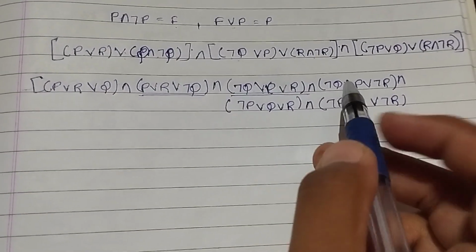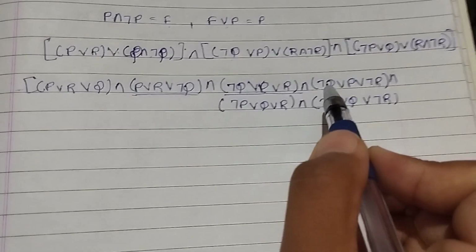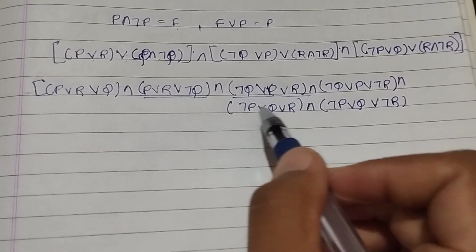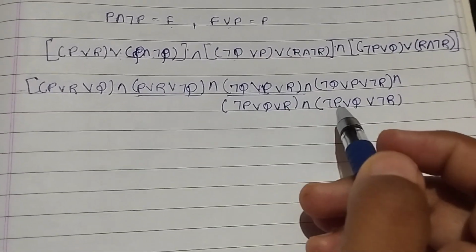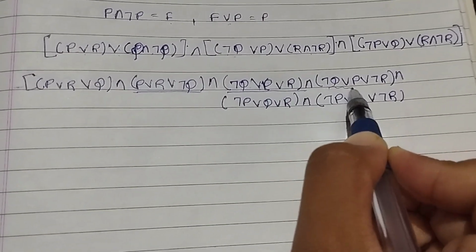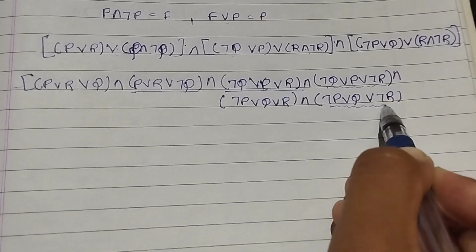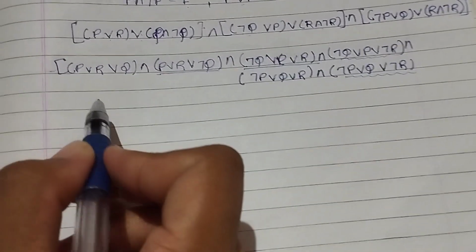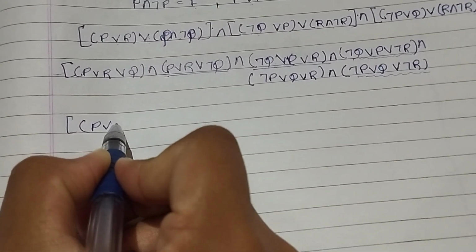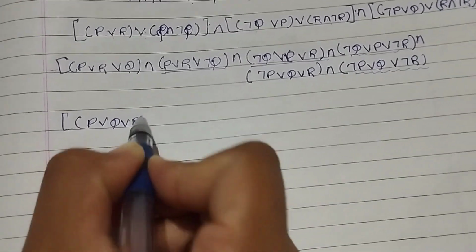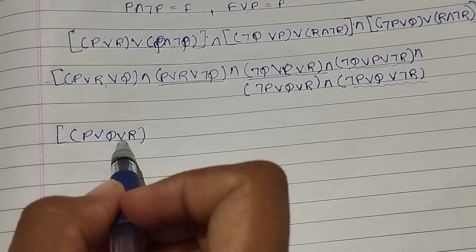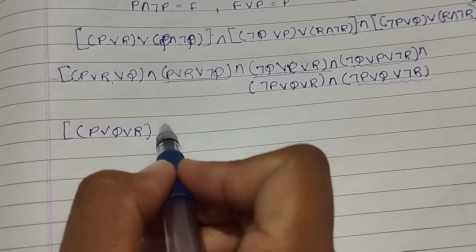Now again we check whether any other bracket is repeated: negation Q or P or negation R, negation P or Q or R, negation P or Q or negation R. Again those two brackets are repeated, so we write them once. So P or Q or R. Here there is no effect if we change the variable order because the connectives are the same, and this is the associative law.